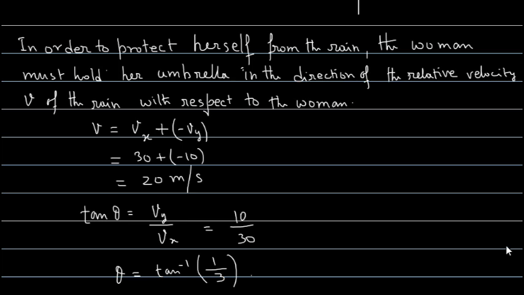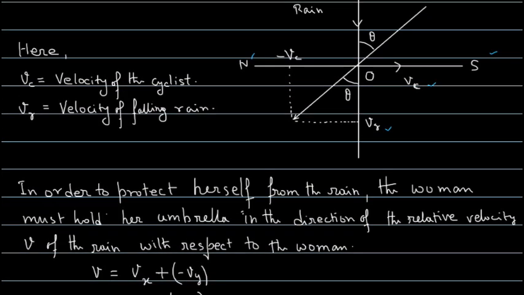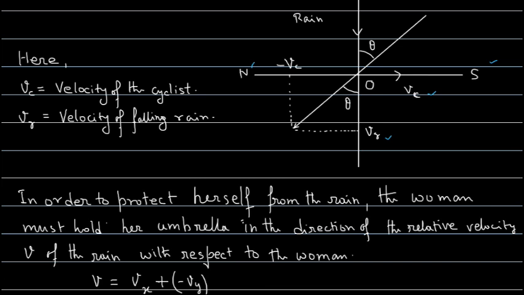In order to protect herself from rain, the woman must hold her umbrella in the direction of the relative velocity v of the rain with respect to her. So here you have to understand what the relative velocity is. The relative velocity v will be this one.